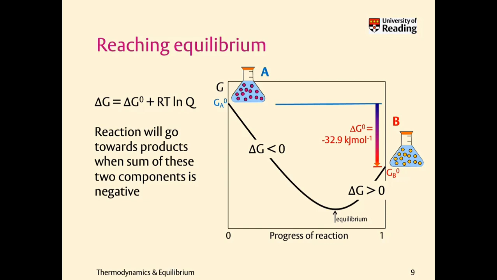At equilibrium, the change in Gibbs energy is 0. And if we are at a point further along the progress of the reaction beyond equilibrium, then delta G will become positive in the forward direction, meaning that the reaction no longer favours going from reactants to products, and now favours going from products to reactants.